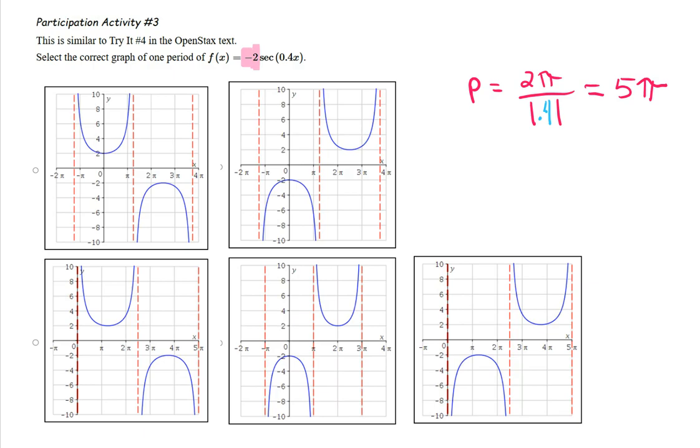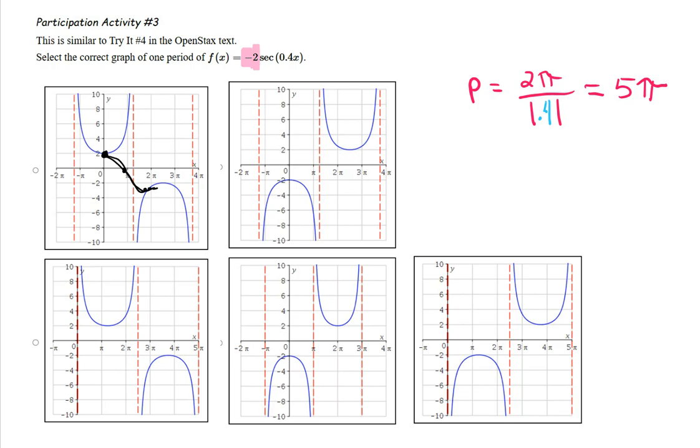But for a +2, if you were doing cosine, it would start right here, and then it would go down through pi, and then up.